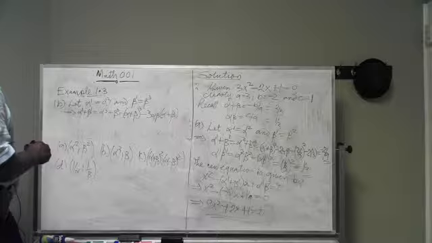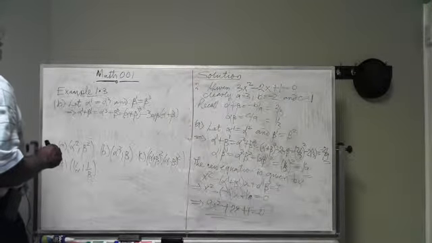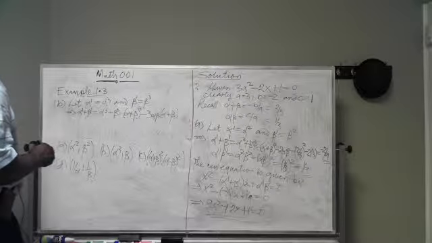We slot in respective values for alpha plus beta and alpha beta in the resulting relation.